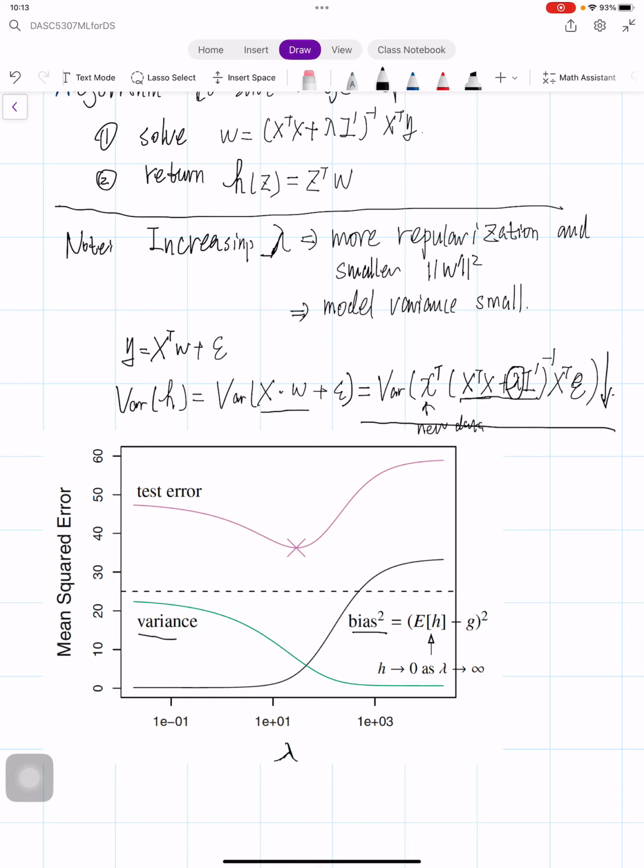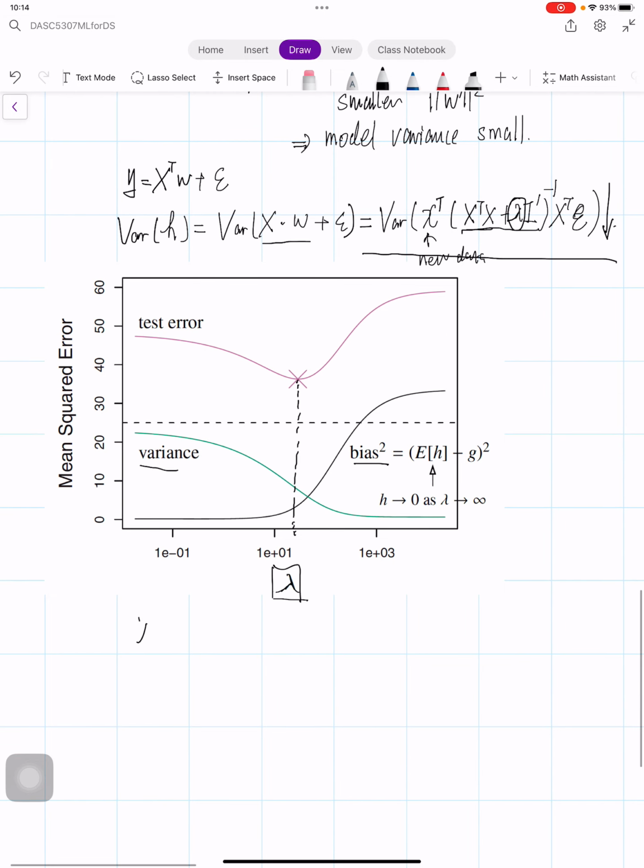The best model is the point where the testing error is smallest. In application, we use cross validation to find the best lambda. So lambda can be seen as a hyperparameter to tune such that the testing error is the smallest. So we make the variance decrease and reduce the overfitting.